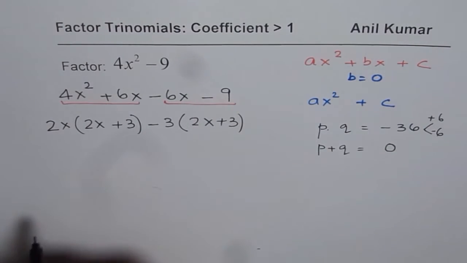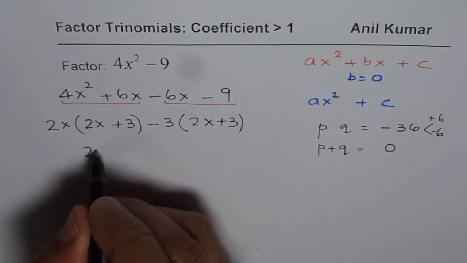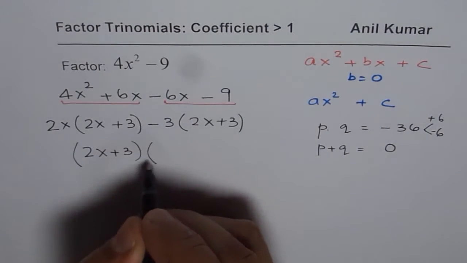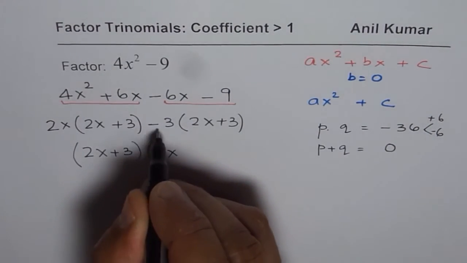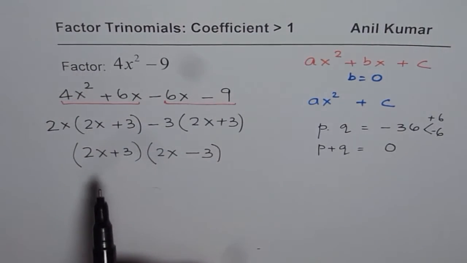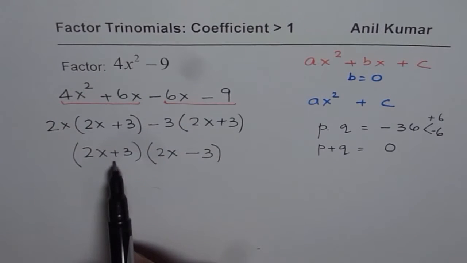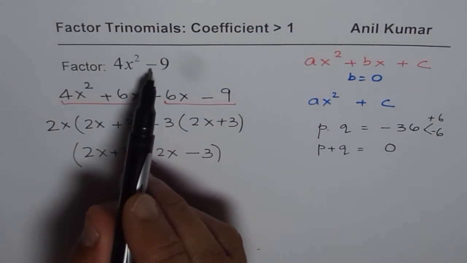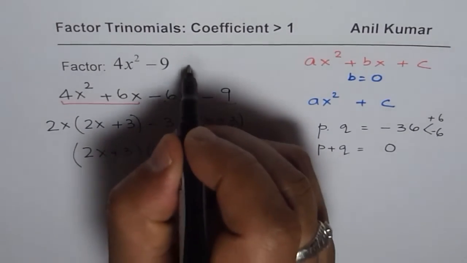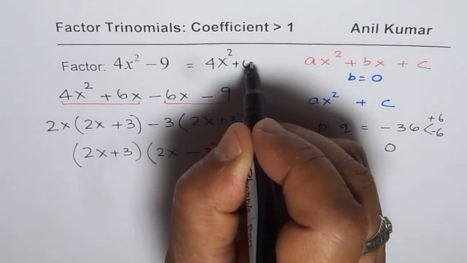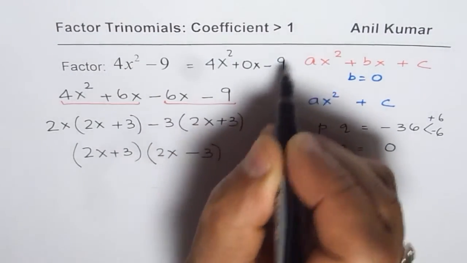And now 2x plus 3 is common, and therefore we write this as 2x plus 3 times, we have 2x from the first term minus 3, right? Minus 3. So what we get here is 2x plus 3 times 2x minus 3. So 4x squared minus 9, we wrote it like 4x squared plus 0x minus 9, and then we continue.